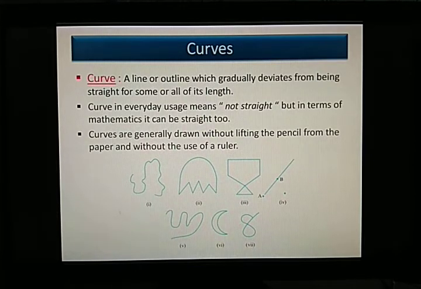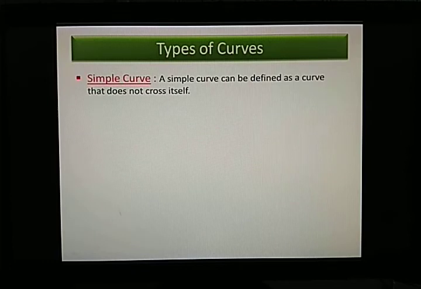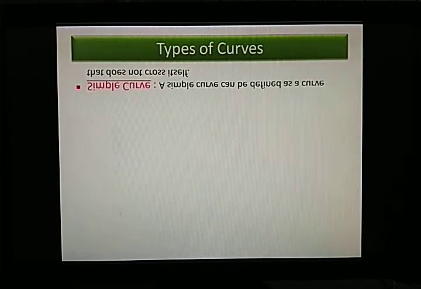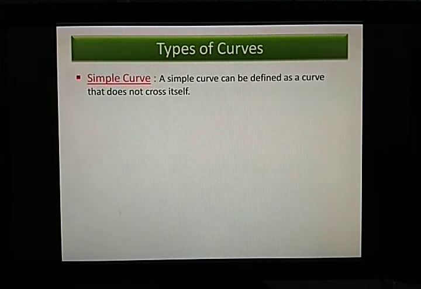So this extension does not fall under the category of simple curves, because according to the definition of a simple curve, whether it is closed or not is a different matter, but it should not cross over, and in those two cases it has crossed over.